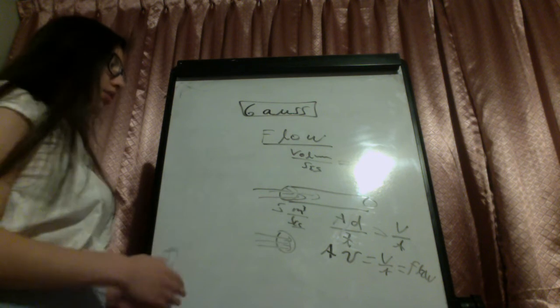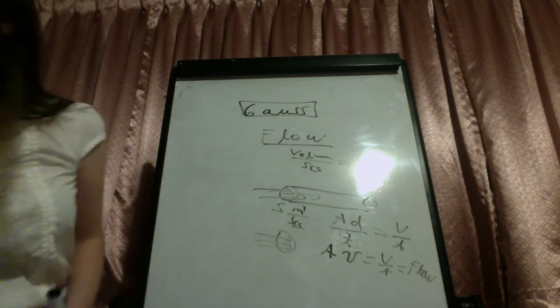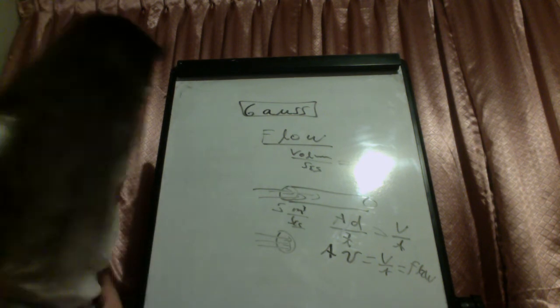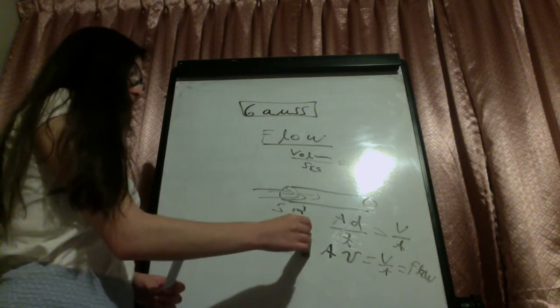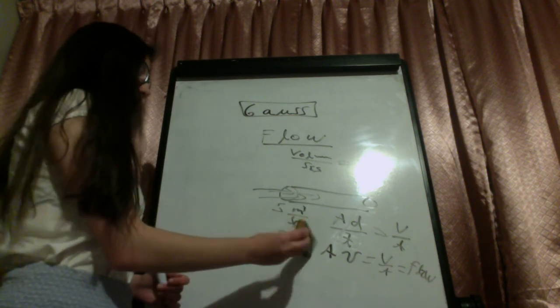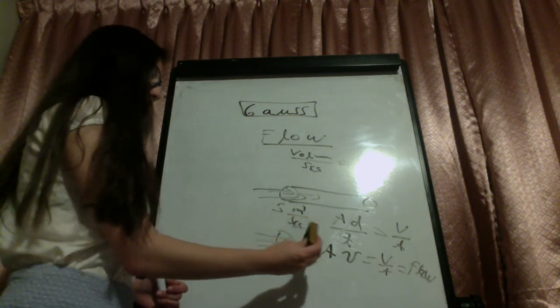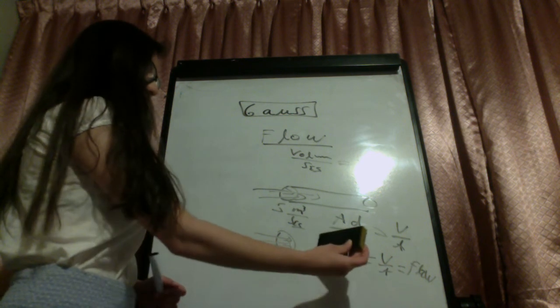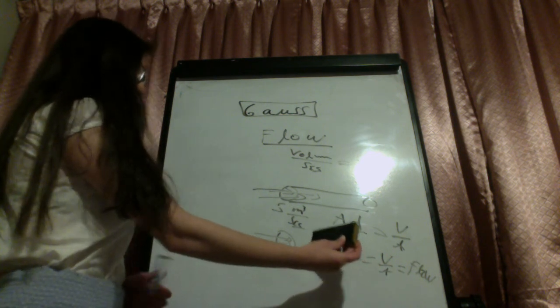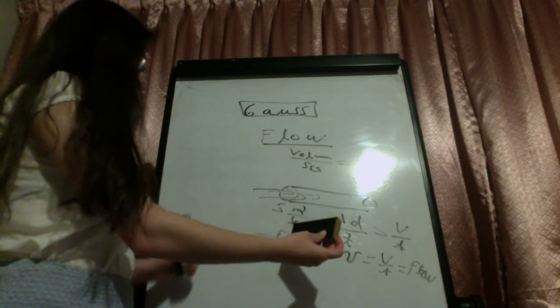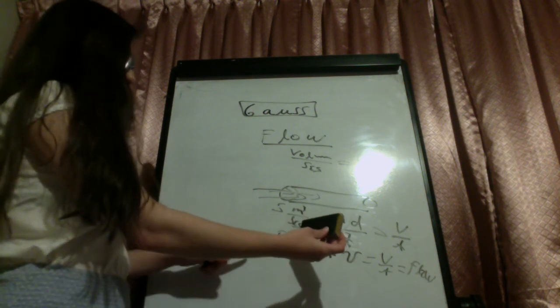If this cross-sectional area instead of being something like this, I put it with some inclination, let's say with this inclination.